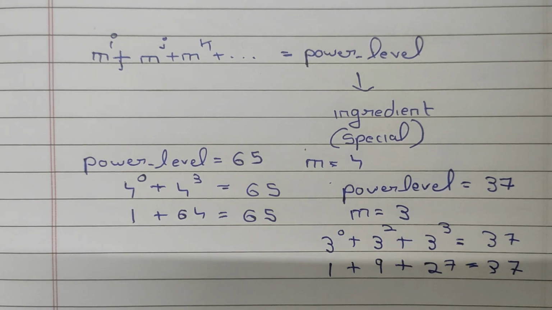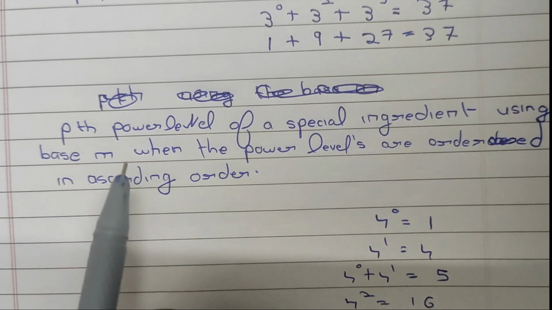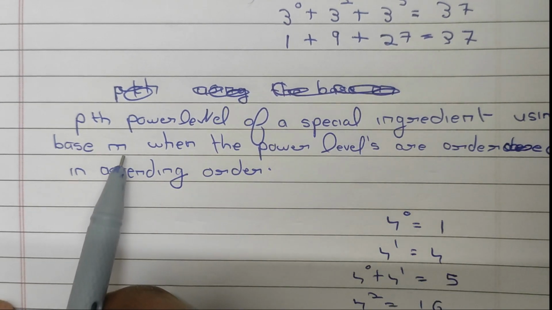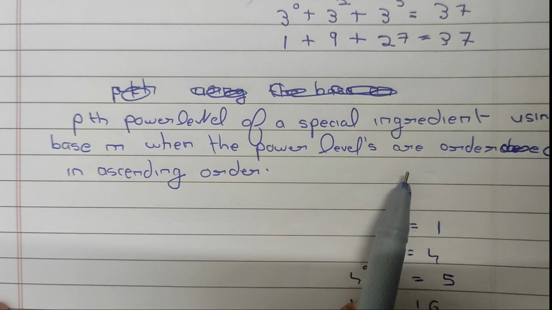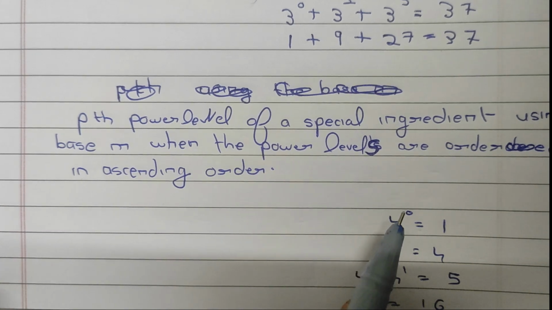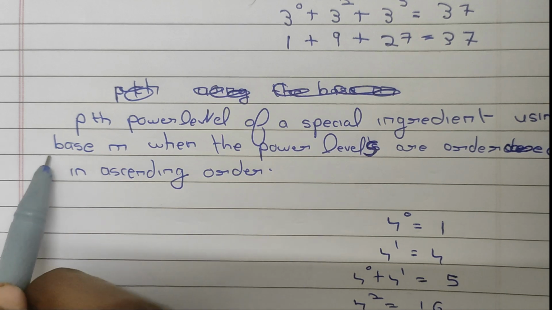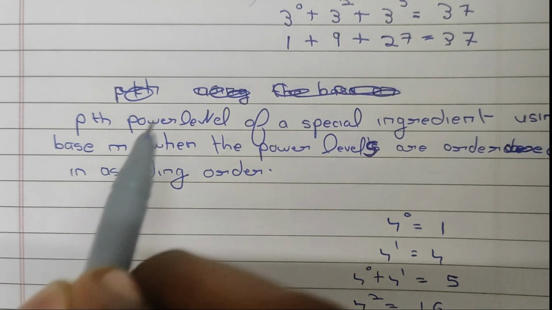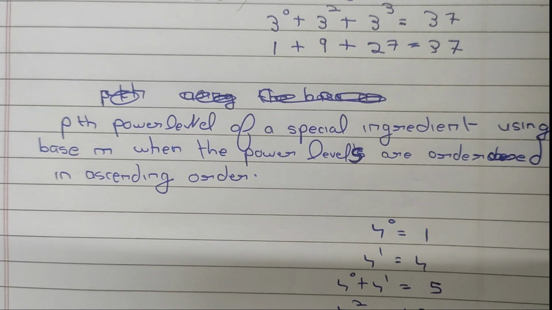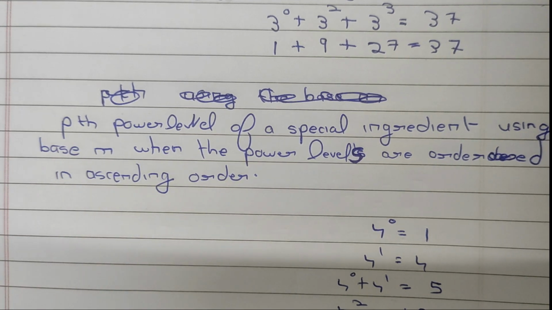In the problem, it is mentioned that we have to find the pth power level of a special ingredient using base m when the power levels are ordered in ascending order. So we have to form all the power levels that we can form using this particular base m, order them in ascending order, and print the pth power level out of all the power levels that we have ordered.